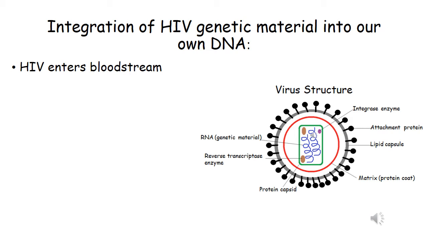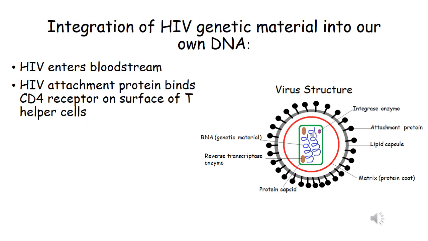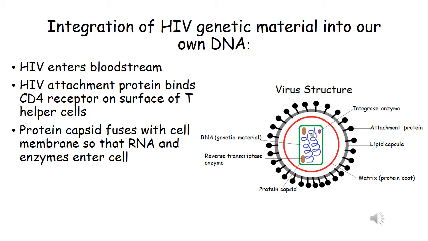Once it's in the bloodstream, it travels and binds specifically to the CD4 receptors on the surface of T helper cells that are circulating within the bloodstream. The protein capsid then fuses with the cell membrane, and this means that the RNA and the enzymes inside will then enter the cell itself.